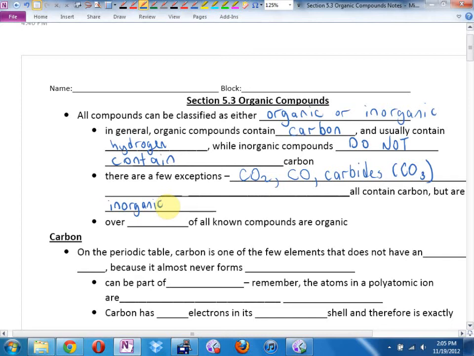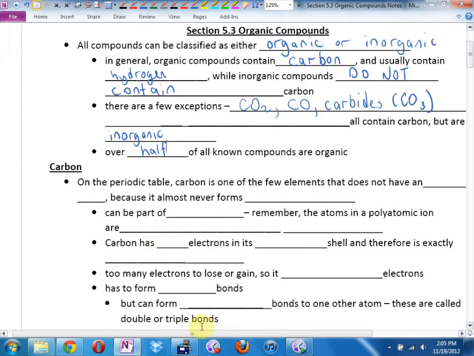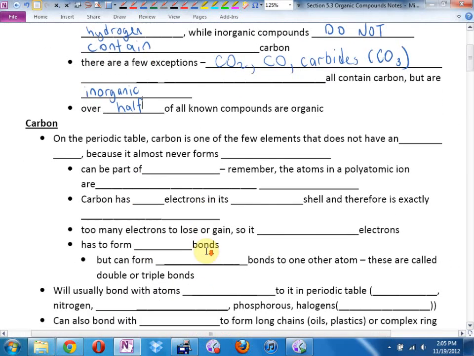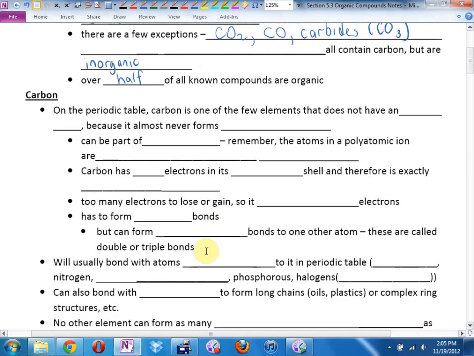I can't say anything with carbon is organic. What I can say is almost everything, and I just gave you the key exceptions in Science 10. In fact, well over half of all the known compounds in the universe are organic. Why? Because of the wonderful properties of carbon.